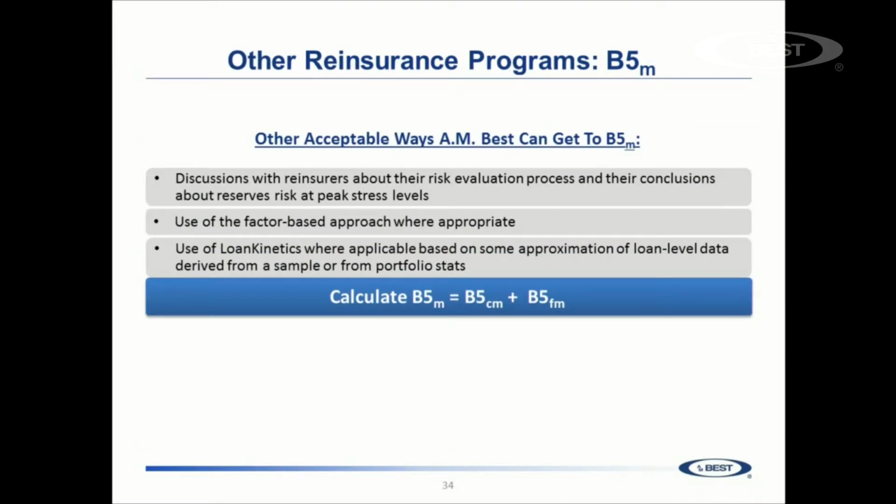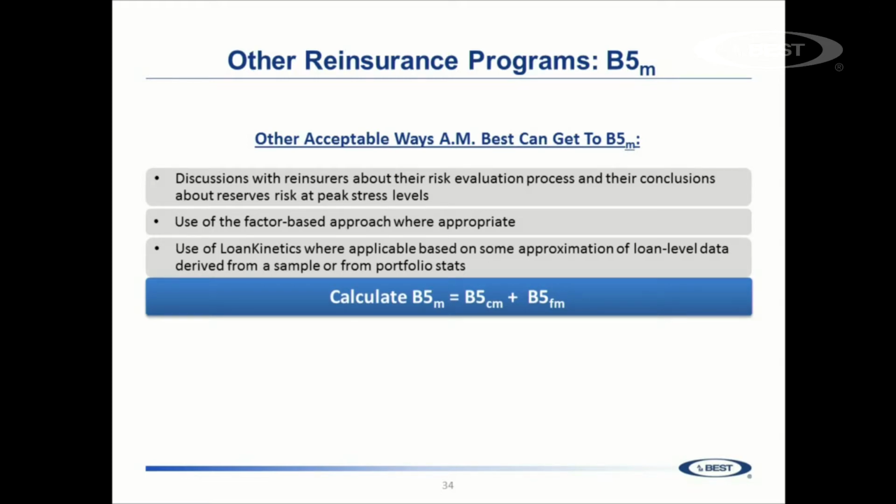In other cases, reinsurers that assume this risk may provide their views on the B5M to AM Best net of any retrocession agreements. We will discuss with the reinsurers their risk evaluation process and their conclusions about reserve risk at peak stress levels. In some cases, we may use the factor-based approach if we think that's appropriate.